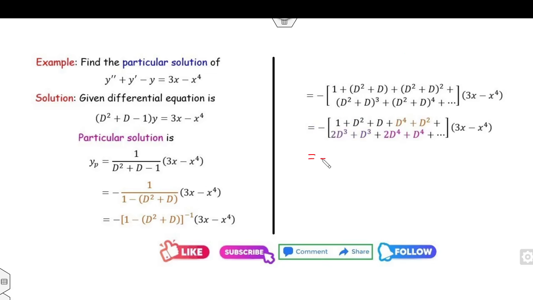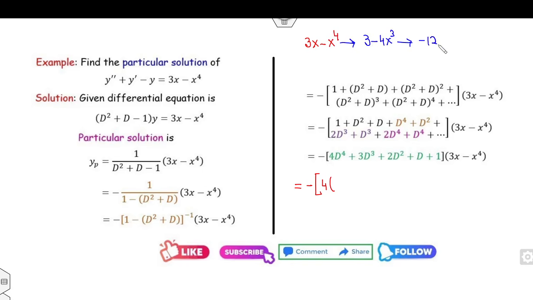Now you can combine them. What will happen is 1 d square, 1 d square, that's 2 into d square. Similarly 1 d also there. Similarly, cube you can combine them and power 4 you can combine them. Now open this bracket. It's 4 times. Can you find the fourth derivative of this part? The first derivative is 3 minus 4x cube. Second derivative is minus 12x square.